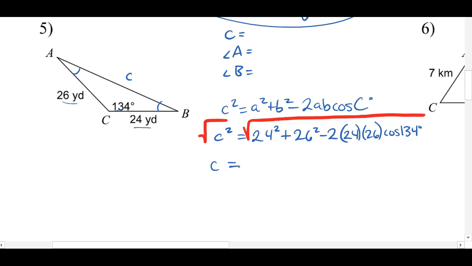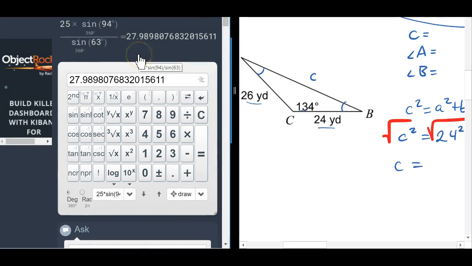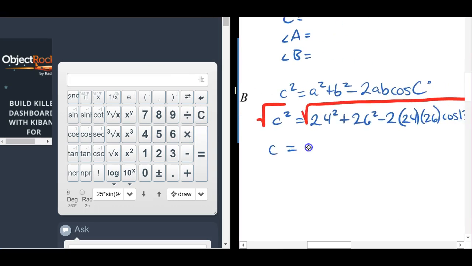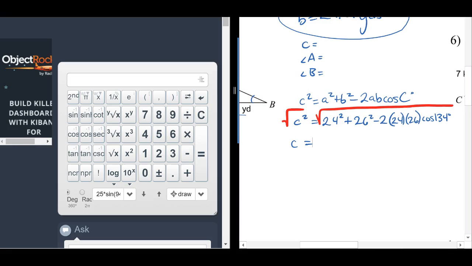Okay, so now I'm going to plug all that into the calculator. Let me see if I can get a split screen here. Aha! Perfect. Let me move this over so I can see it. First, let's do square root.